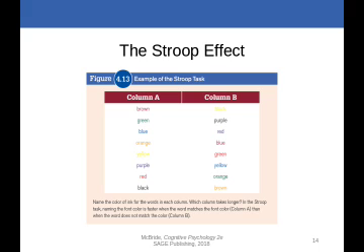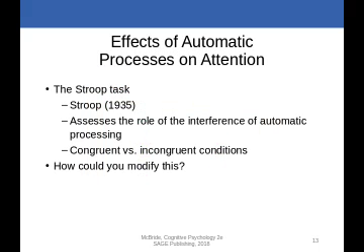You're going to say blue. But if I print the word blue in red, it's going to take you a little more time to look at that and say red. That's what the Stroop task is: this conflicting or incongruent information essentially requires more attention.